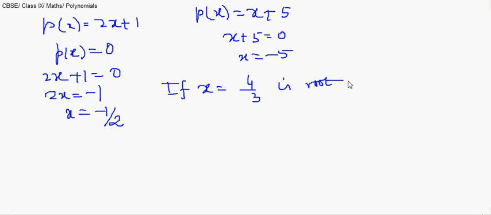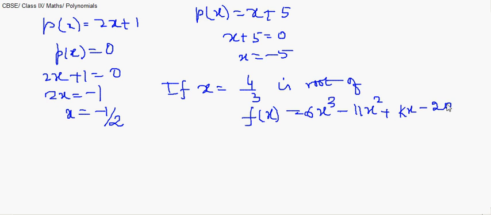It says x equals 4 by 3 is a root of the polynomial, which is given to be, I write it below, 6x cube minus 11x square plus kx minus 20. We have to find the value of k.